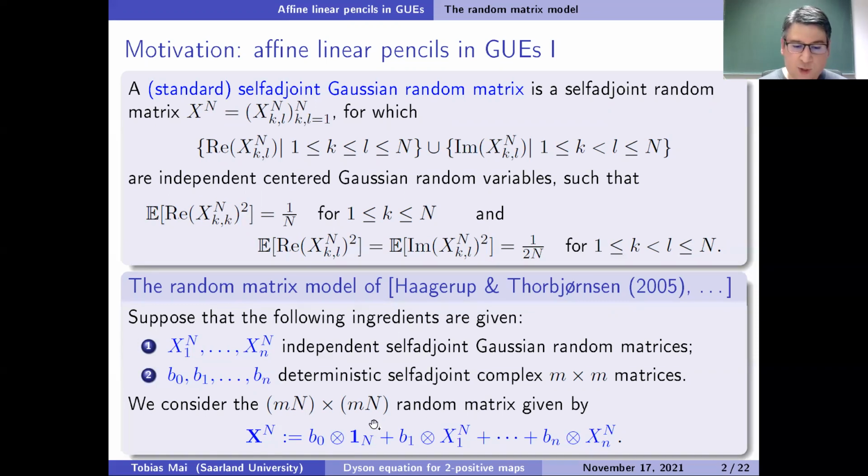Then we also add a constant part by tensorizing B_0 with the identity, and this gives us a kind of block random matrix. And the question is, can we understand the large N limit of the eigenvalue distribution of such matrices?